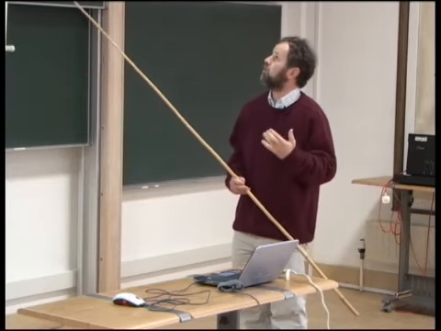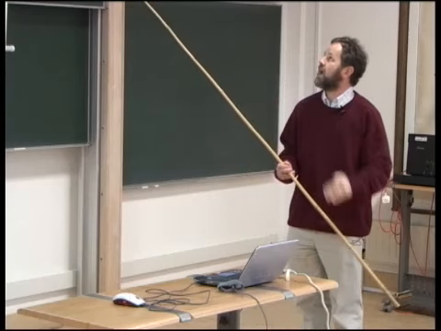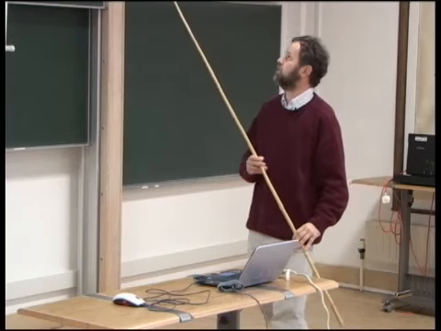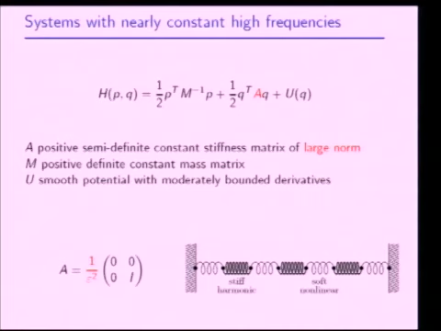So let's first turn to systems which have oscillations at high frequencies, but where these frequencies are essentially constant. And this comes about if I take an equation like this one, which essentially corresponds to a system composed of harmonic oscillator, and add some moderate potential to it. And now the high oscillations appear if A, the stiffness matrix here, is a matrix of large norm.